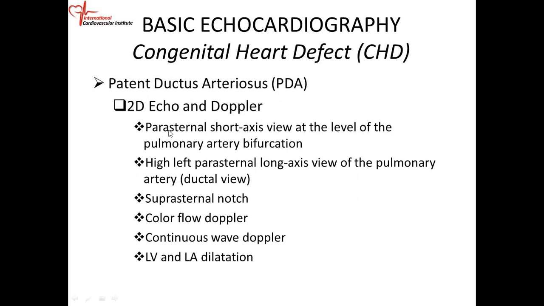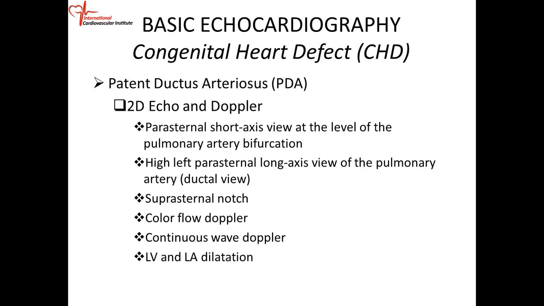So you'll see flow from the aorta into the pulmonary trunk. With a high left parasternal long axis view of the pulmonary artery, what we call a ductal view, you can see the flow or the communication.